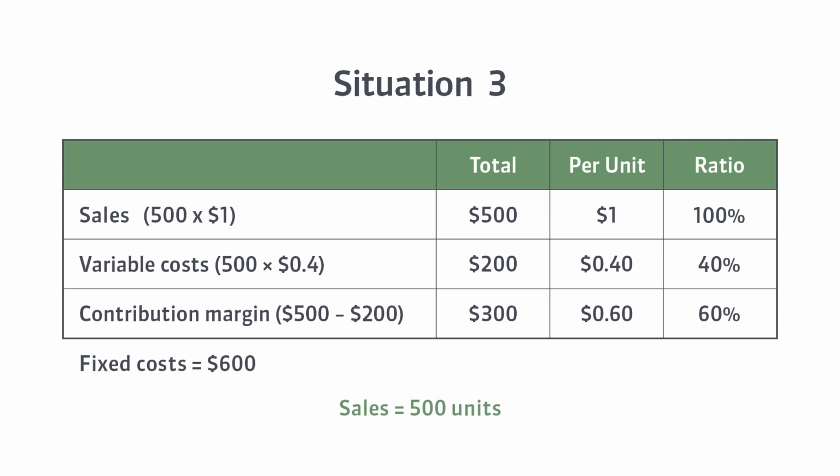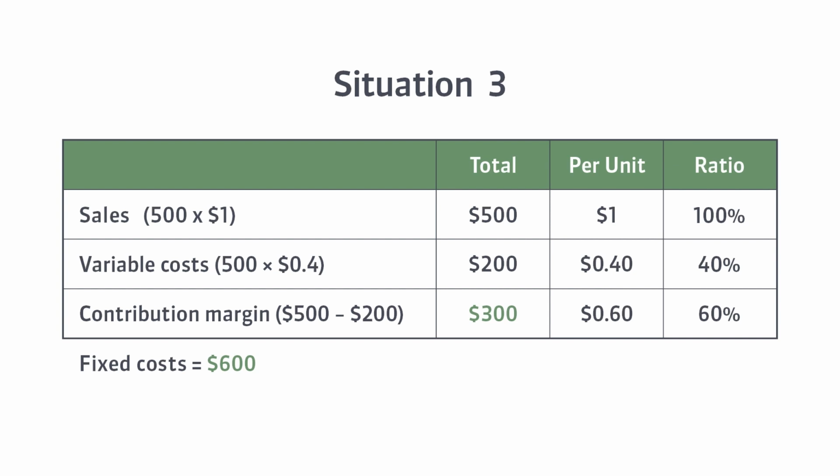Let's move to situation number 3, where sales will be half of the sales in situation number 1. Again, the contribution margin shown as a value per unit and ratio remain unchanged. Only the value of the total contribution margin has changed again.